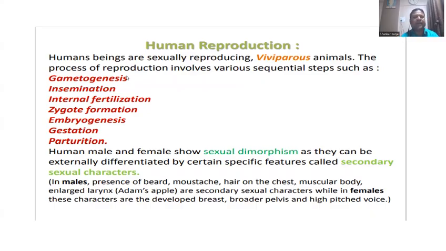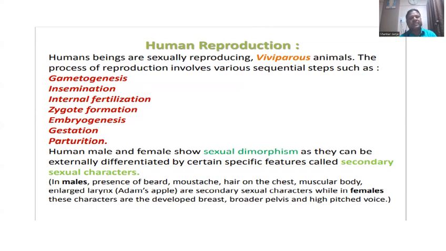First is gametogenesis, meaning formation of gametes in the reproductive organs, especially testes. Then there is insemination, internal fertilization, zygote formation.